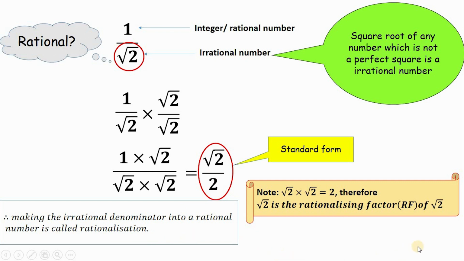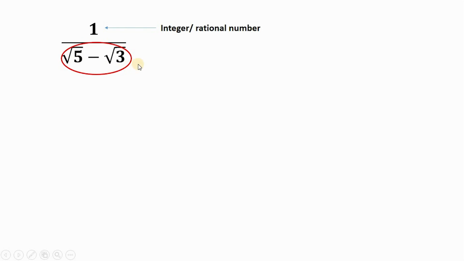Let's take another example. For example, we have 1 by square root of 5 minus square root of 3. Here also the numerator 1 is an integer or a rational number, and square root of 5 minus square root of 3 is an irrational number.